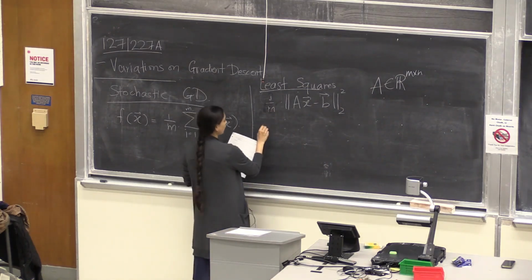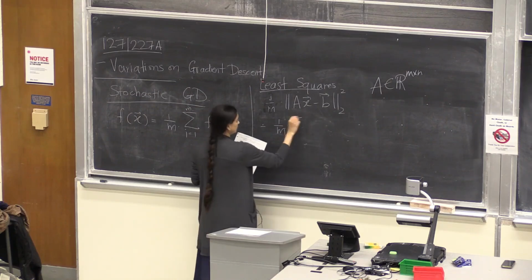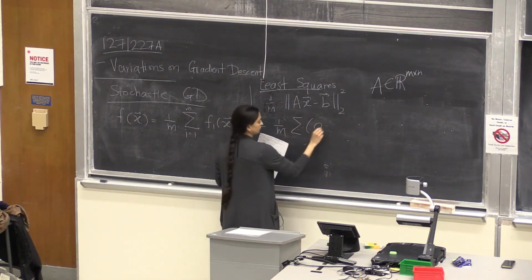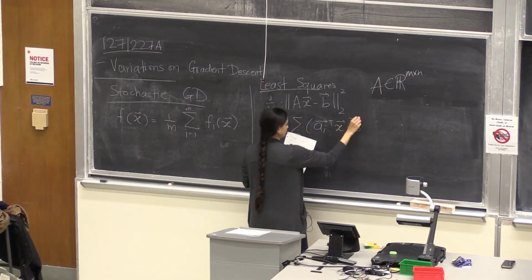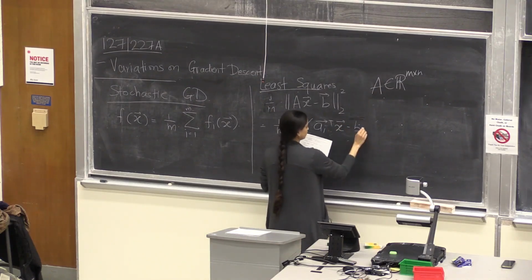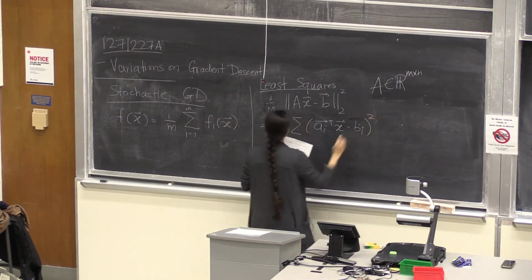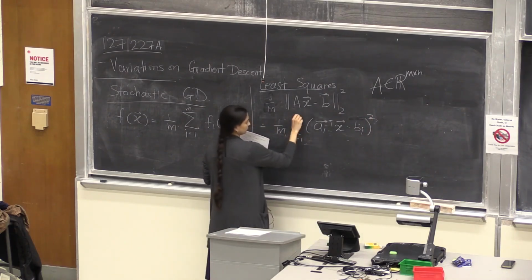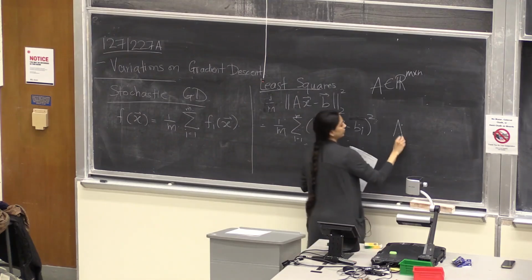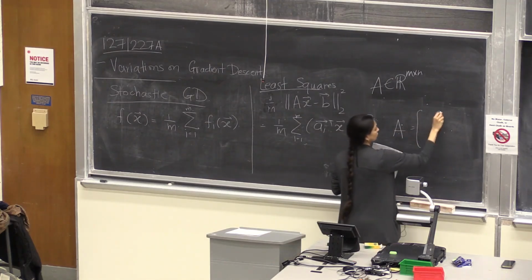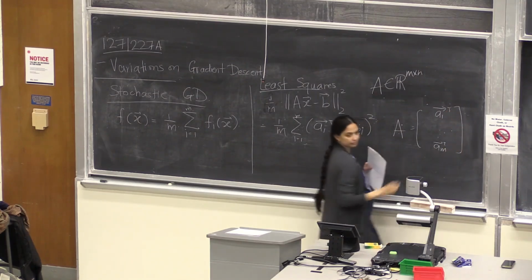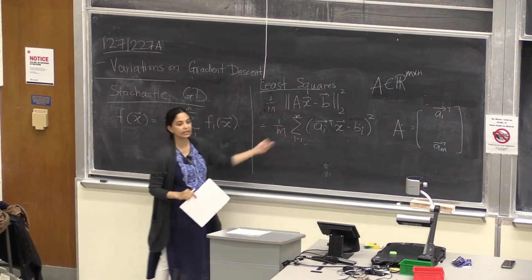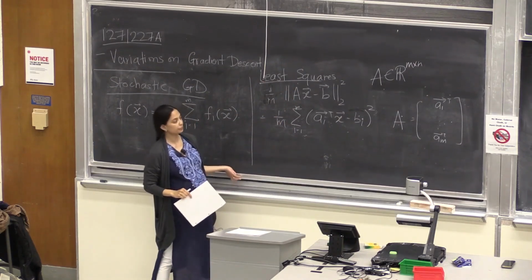But I can just as well write this as 1 over m times a sum, where a_i is now a row of A. This is exactly equivalent to this. There's absolutely no difference.